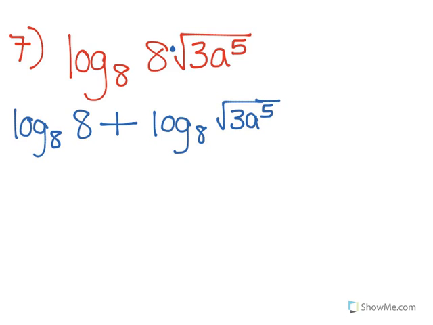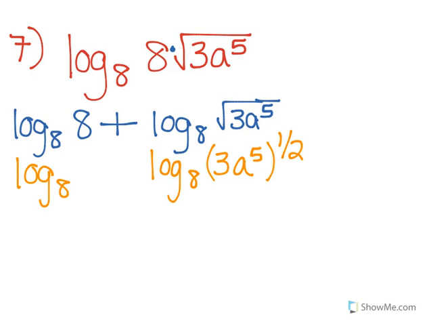Now, since we haven't done anything with square roots, you need to remember that the square root is the same thing as taking 3a to the 5th to the 1/2 power. So this becomes log base 8 of 3 times a to the 5th to the 1/2 power. Okay, so since now we have an exponent instead of the radical, we can use the log property and take this exponent and fly it down in front.